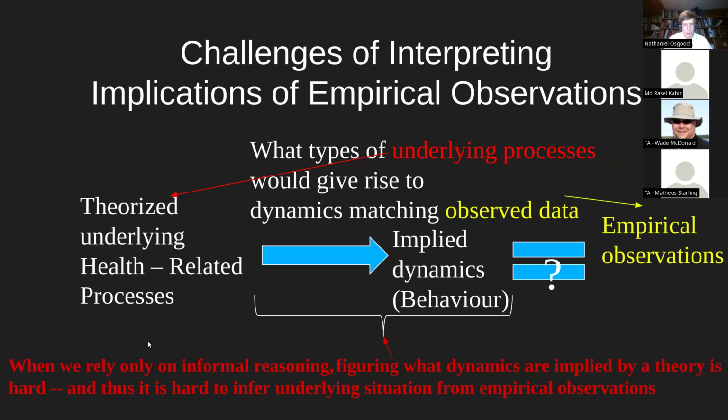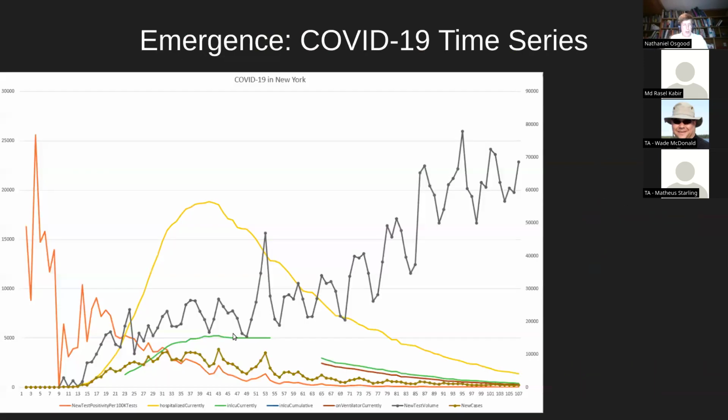Traditionally, we've had a really major challenge in front of us. If we are relying on informal reasoning, the reasoning in our head, the discussion among various experts, each of them may have a theory in their head about what's going on in the world. And they're trying to figure out, does this data bear out their theory?